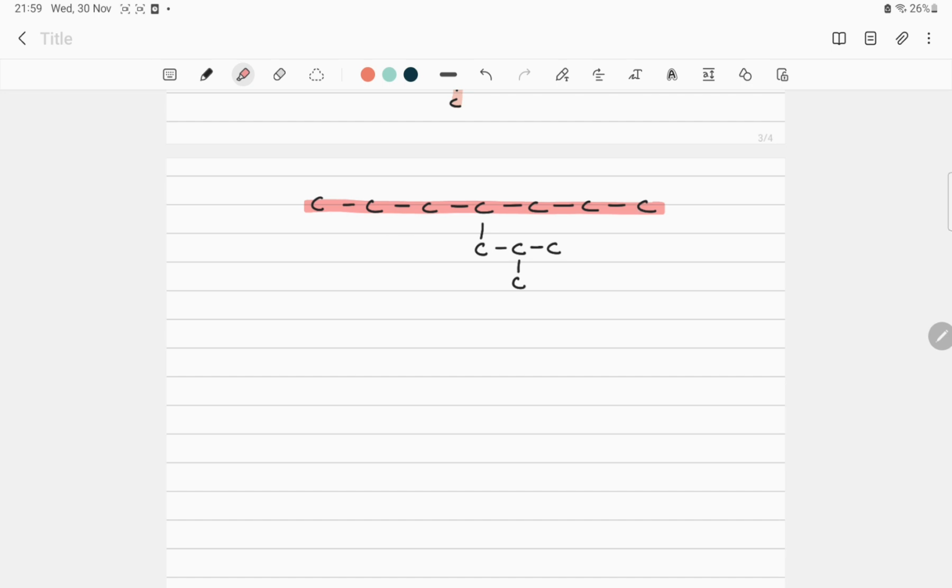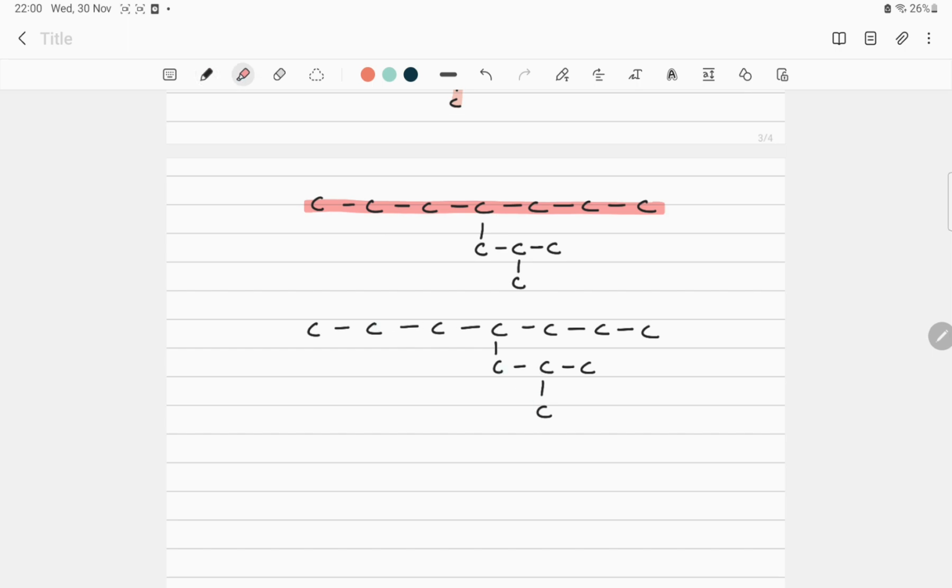The other possibility of the longest chain is 1, 2, 3, 4, 5, 6, 7, and here is 1, 2, 3, 4. So the longest continuous chain is going to be 1, 2, 3, 4, 5, 6, 7.